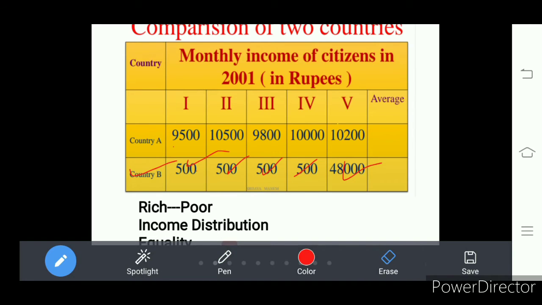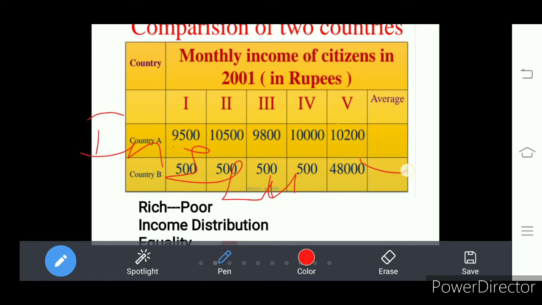So what do we come to know here? In country B, maximum people's income is very less and a few people's income is higher. It means that there is much inequality.